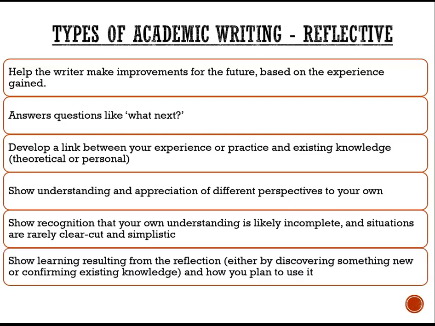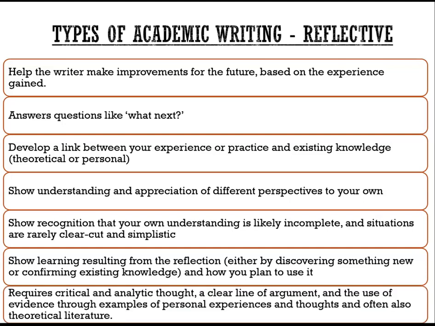Okay, show learning result from the reflection, either by discovering something new or confirming existing knowledge, and how you plan to use it. You see, how do you plan to use the knowledge that you have gained? How do you confirm or plan to execute or to enhance the existing knowledge?